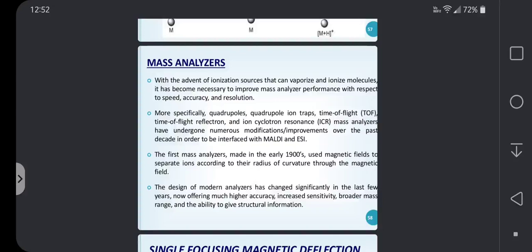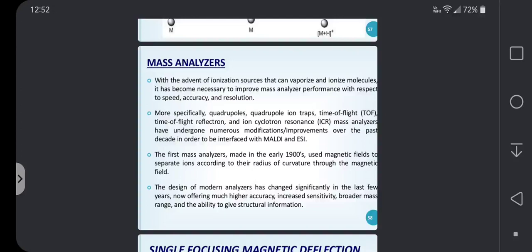More specifically, quadrupole, ion traps, time of flight (TOF), time of flight reflectron, and ion cyclotron resonance (ICR) mass analyzers have undergone numerous modifications and improvements over the past decades in order to be interfaced with MALDI and ESI.